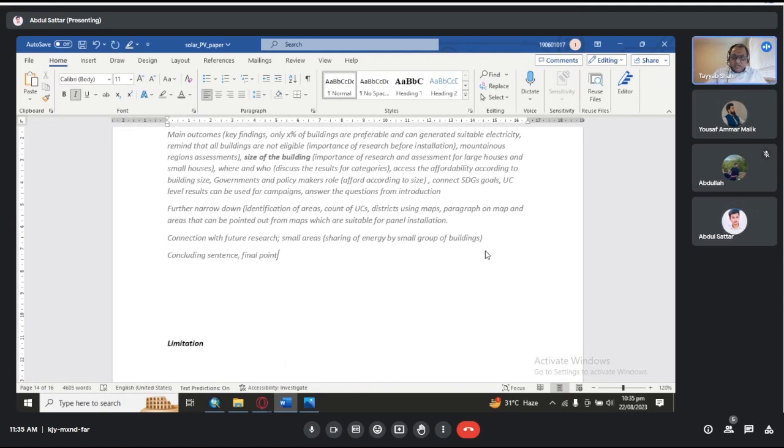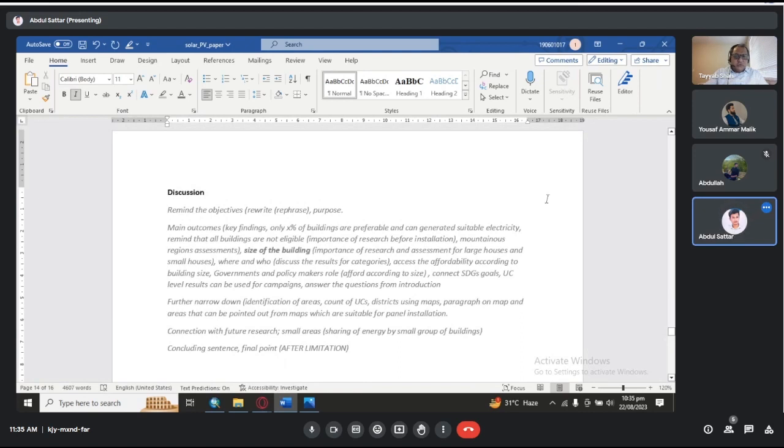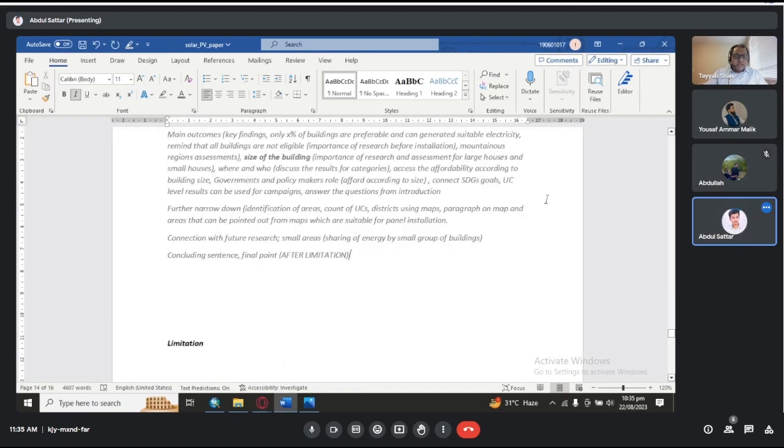I would suggest the concluding point should be at the end, the last section. It should have a heading, or we will just write a sentence. The same style: first you will use your own heading style just to remind yourself what you're going to say in this section.